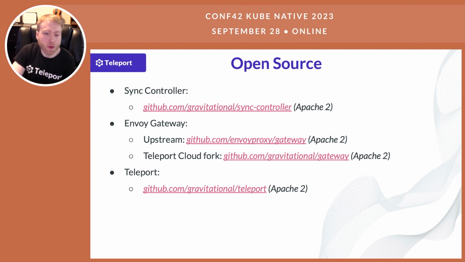We also maintain a fork of Envoy Gateway that supports ALPN routing and has a couple other changes we made, and a lot of them we got upstream to stabilize some parts of Envoy Gateway work. And finally, of course, Teleport is Apache 2 licensed. You can check that out as well. Deploy the open source version and see what you think.